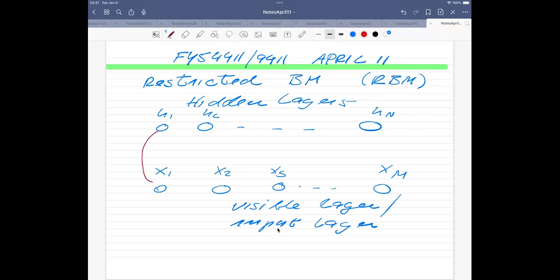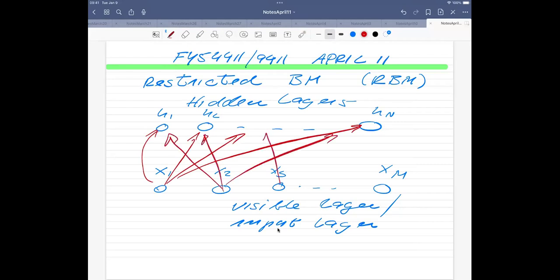So there will be a connection between X1 with H1, with H2, etc. And the same with X2 here, and all the way up, etc. I'm just writing this in a generic way here. There is no connection between the nodes in a given layer. Originally, when people proposed the Boltzmann machines, there were also connections between the nodes in a given layer. And that makes the training even more difficult.